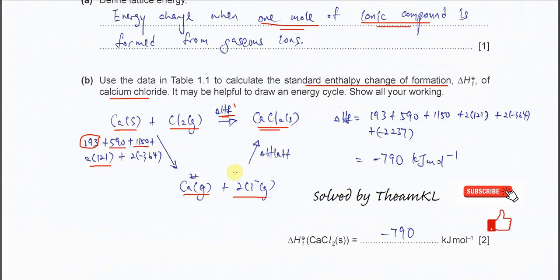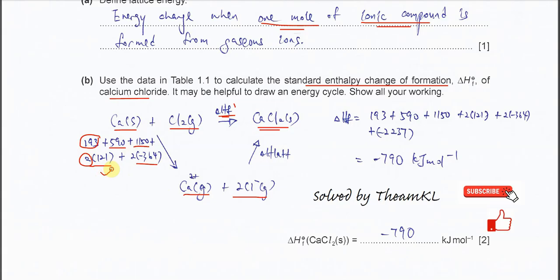Because we know that 2 chlorides need to be formed, it needs 2 atomization energies. So this one is the atomization energy, the enthalpy for chlorine, and because it needs to form 2 moles, we need to times 2. Then the 2 moles of gaseous atoms now need to get the electrons, so the EA here needs to be times 2 also.